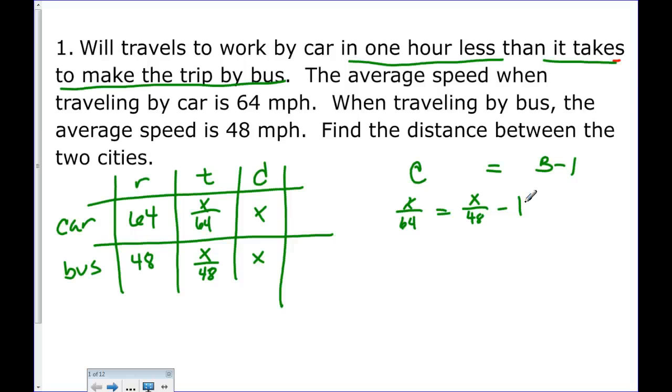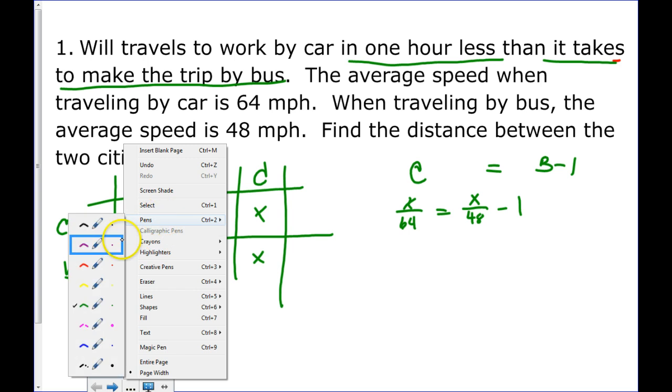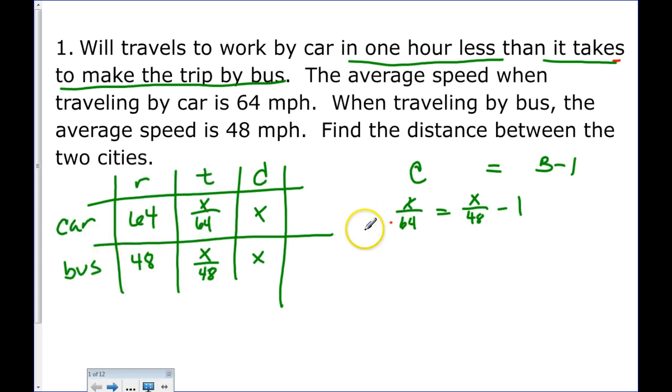All right, so if I'm going to multiply these out by a common denominator, this one's missing a 48, so I'm going to multiply top and bottom by 48 here. This one's missing a 64. And this one's missing a 64 and a 48, if I'm going to have the same denominator.